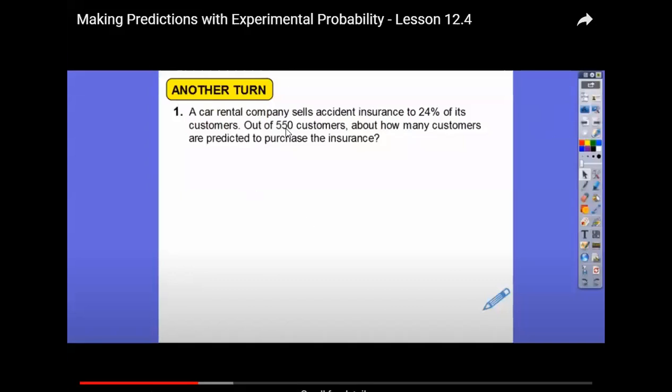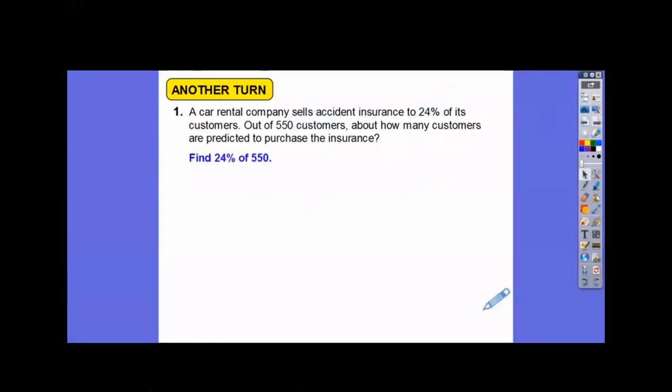A car rental company sells accident insurance to 24% of its customers. Out of 550 customers, about how many customers are predicted to purchase the insurance? Okay, how are we going to solve this question?